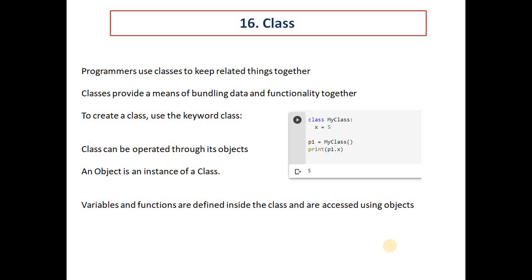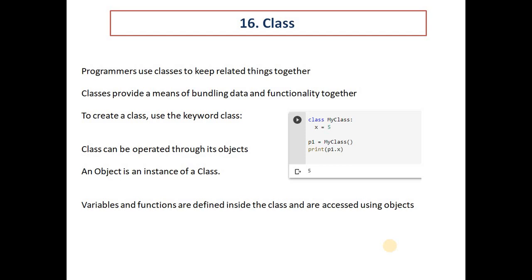To define a class, we use the keyword class, space, class name, colon. That is the syntax we use to define a class. And one more term, object. You will get an idea when we see the lab session. An object is an instance of a class.